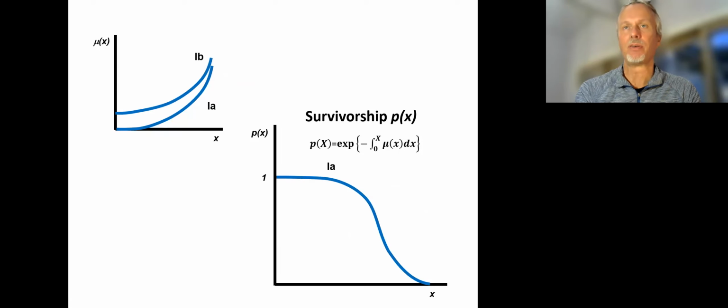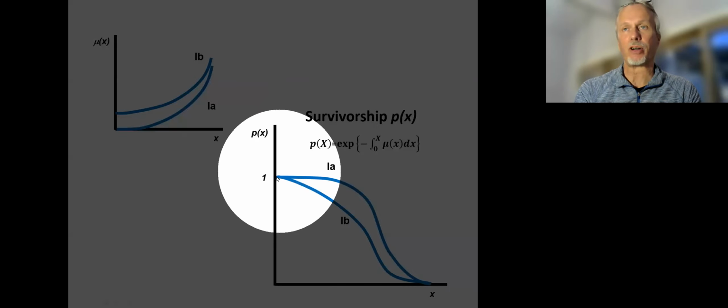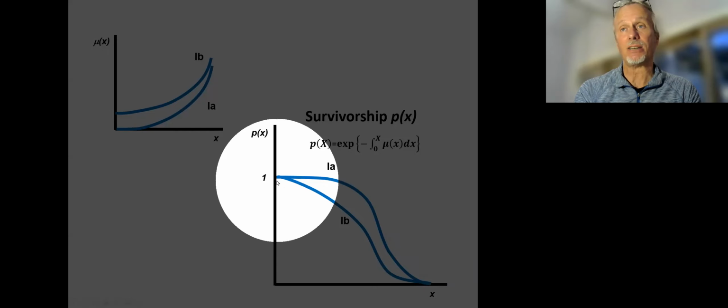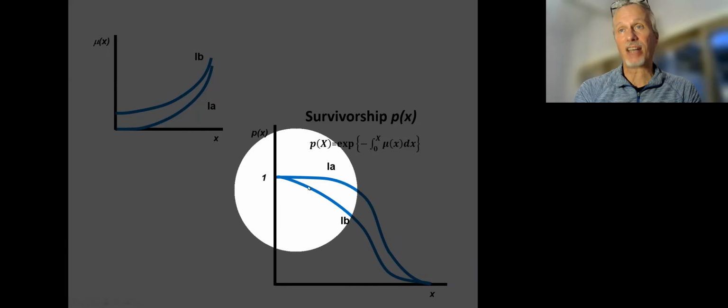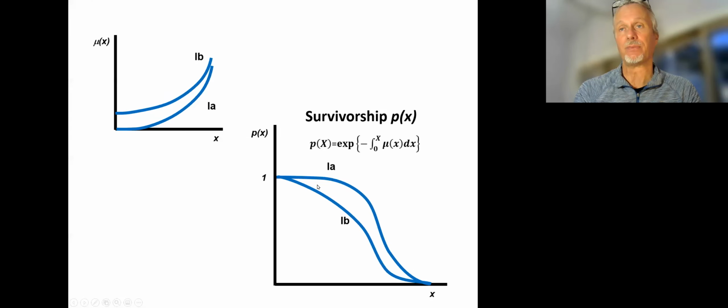With the type 1b mortality function, of course, we always start from 1, but the derivative there is negative, and it drops down faster than in the case of 1a.